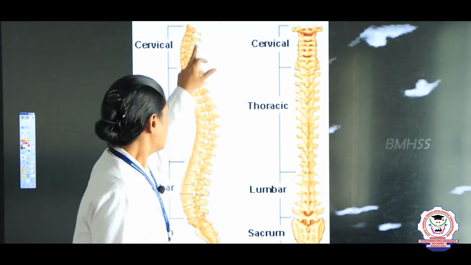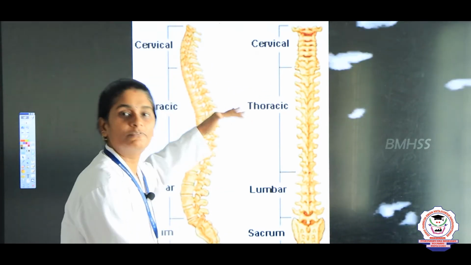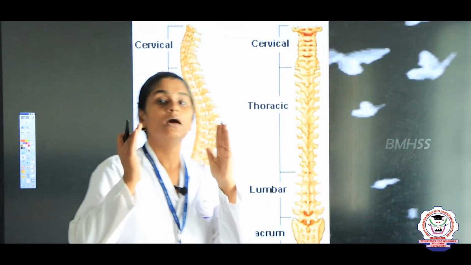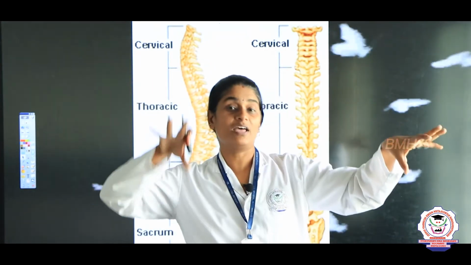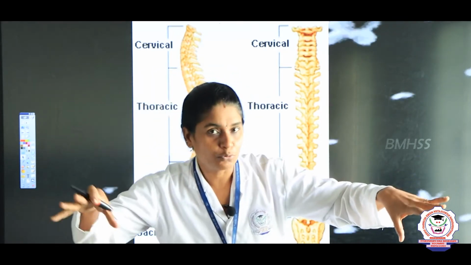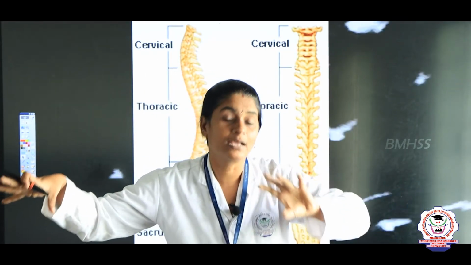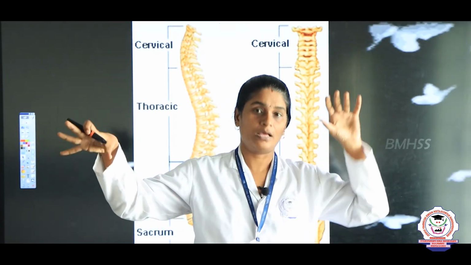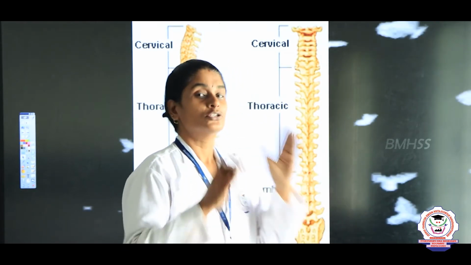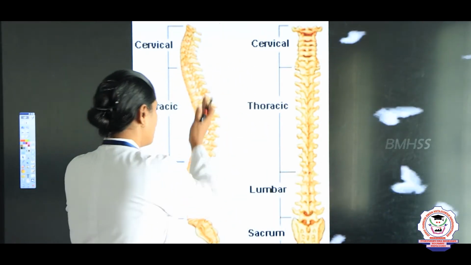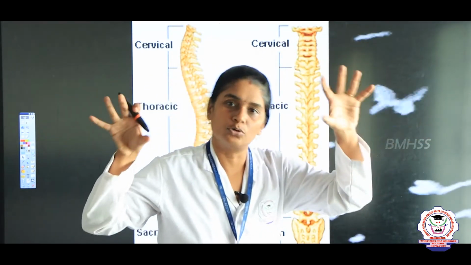Due to the presence of the vertebral column, the animals are classified into 2 big groups. If the animals have backbones, they are classified into one category, and if the animals do not have a vertebral column, they are classified into the second category.